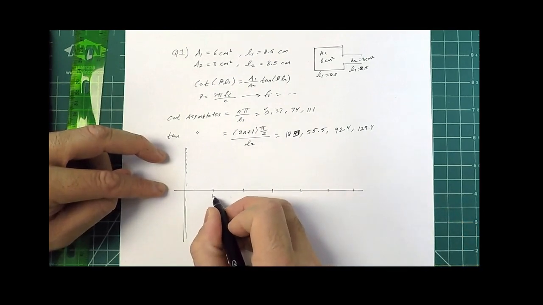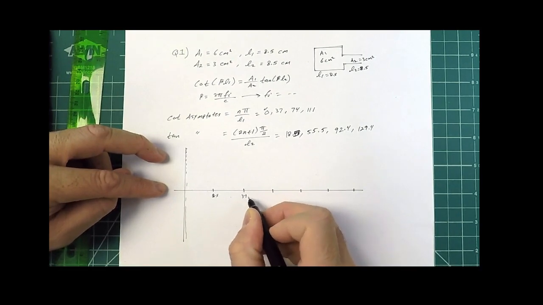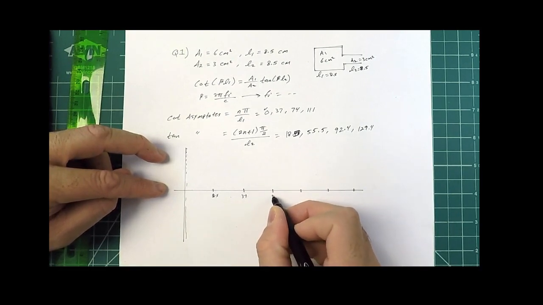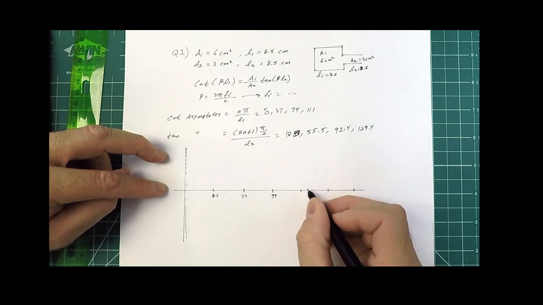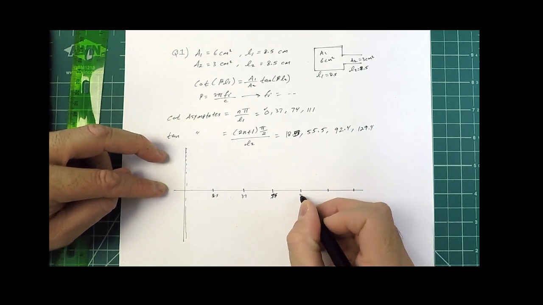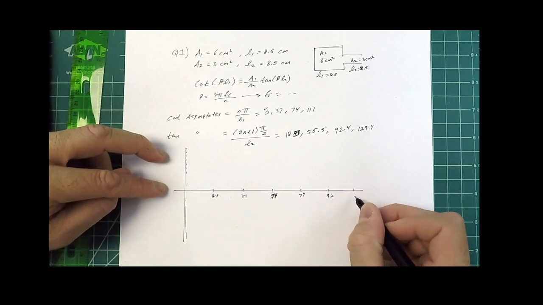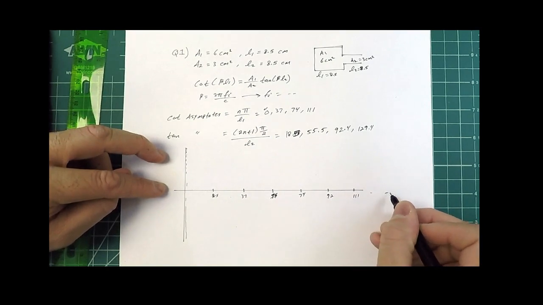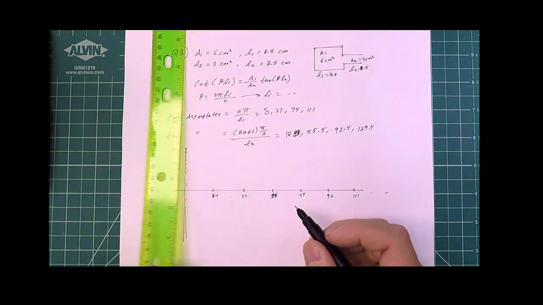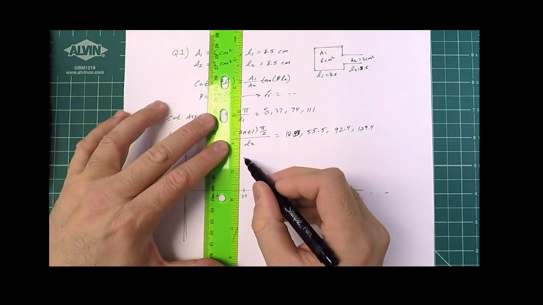Okay, so 18.5, 37. Sorry, this would be around 55, this is 74, this is 92, and this is 111, etc. So these are all asymptotes.